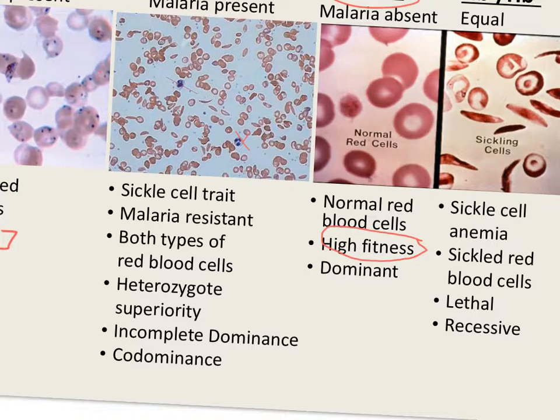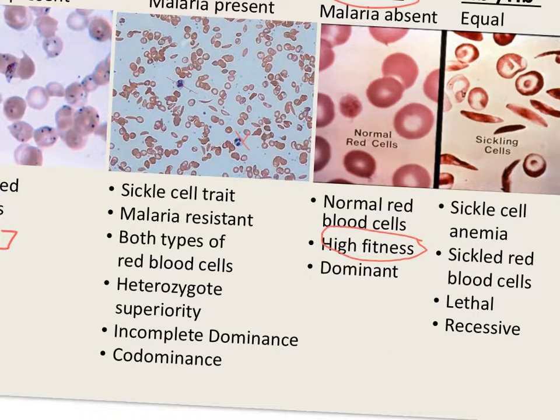And then the descendants, you put them in an environment where there's no more malaria. Would you expect the heterozygote HbA, HbS to go up in frequency or down in frequency? Remember, we're in an environment now where there's no malaria.